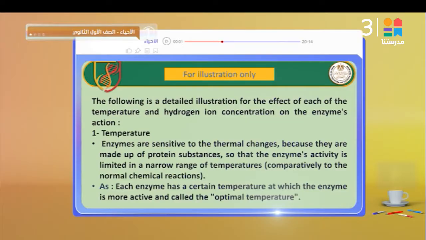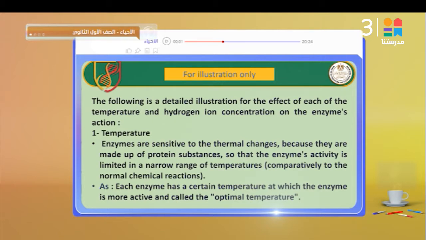Okay. The following details illustrate the effect of each of the temperature and the hydrogen ion concentration on the enzyme actions. Temperatures. Okay. Enzymes are sensitive to thermal changes because they are made of protein substance.